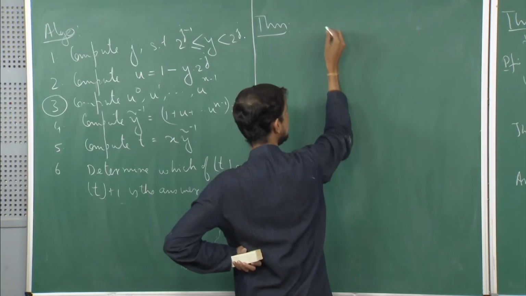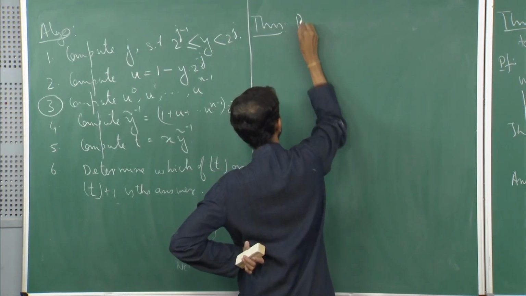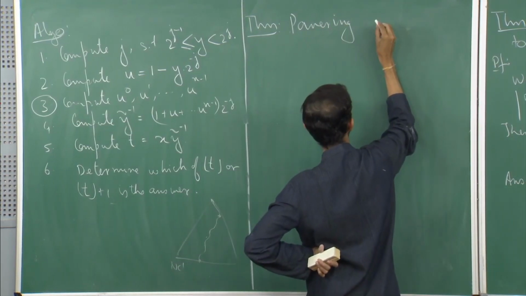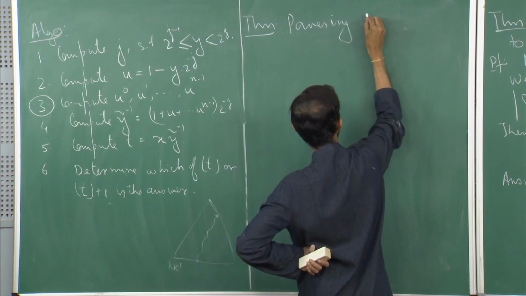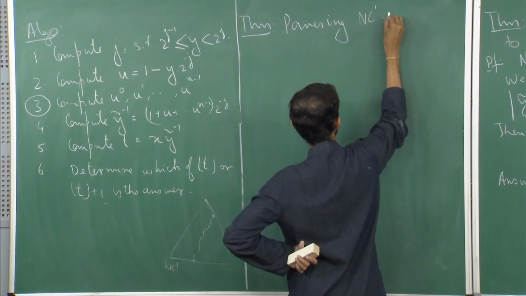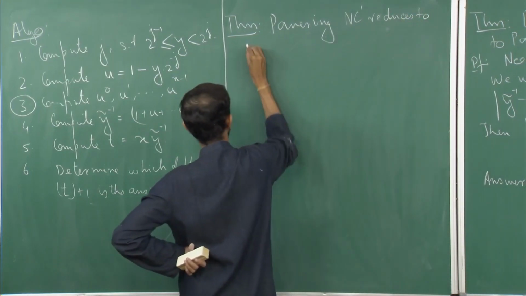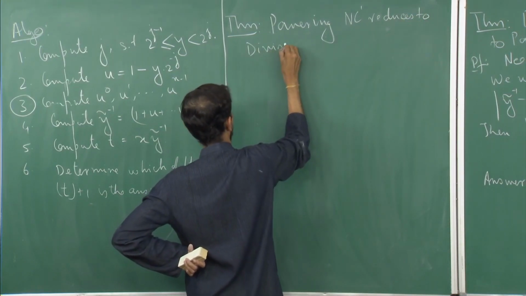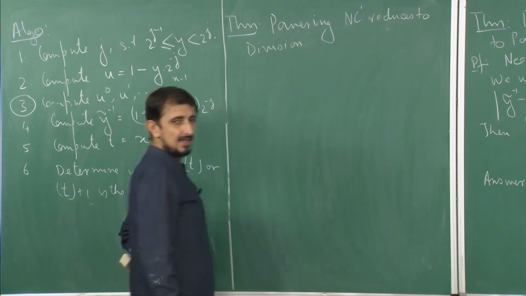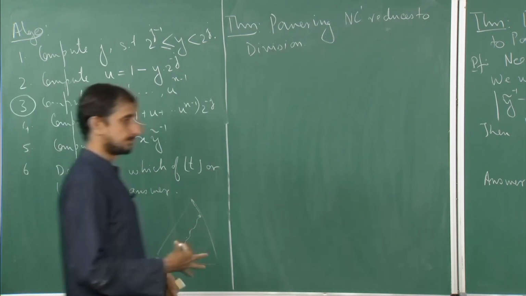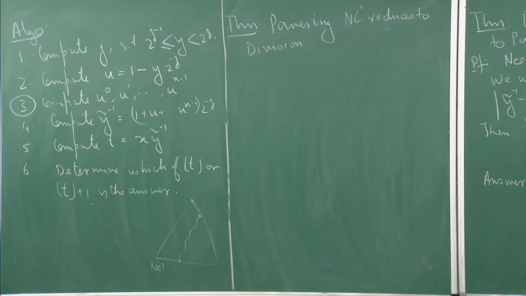Now let us look at the other direction, that is, powering NC1 reduces to division. Essentially here we will do the entire thing in reverse in some sense.